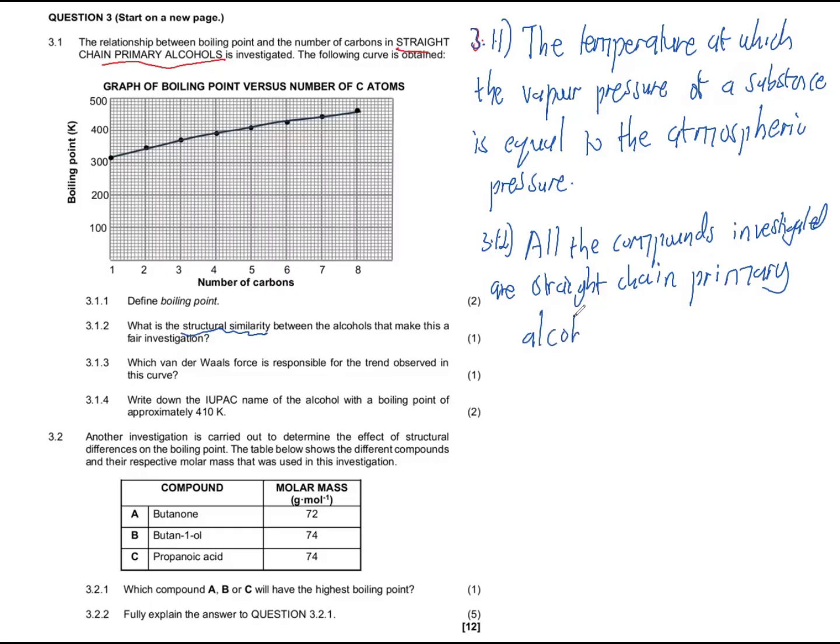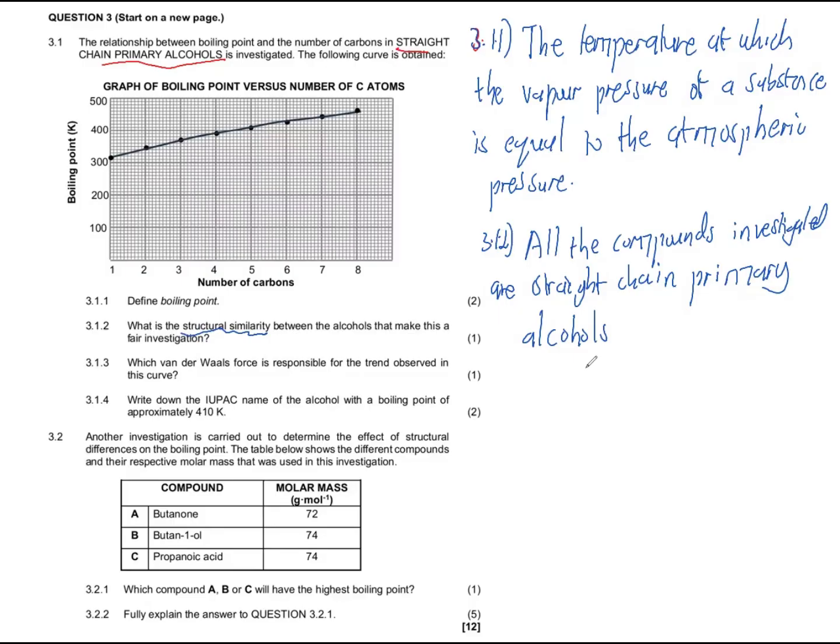Right. So that's what makes the investigation fair, right? They're all straight chain primary alcohols. So we know that it is just based on their molecular mass, right? It is just based on their chain length, right?